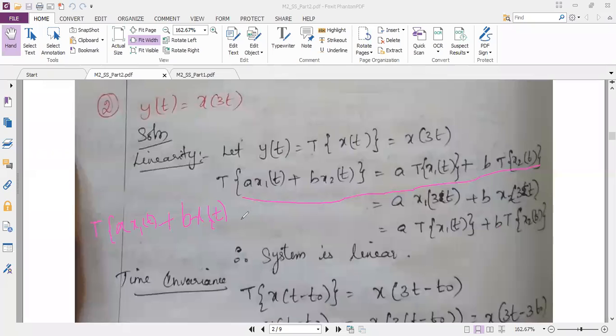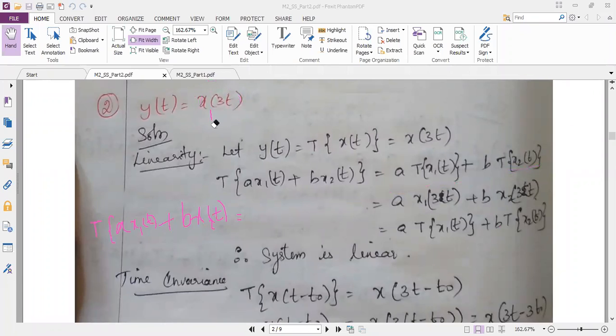Which is equal to, I know as per the question, in place of x of t, I have x of 3t. So like the previous problem, we cannot do it this way because x of 3t cannot be written in the form of x1 and x2. Let me try here.